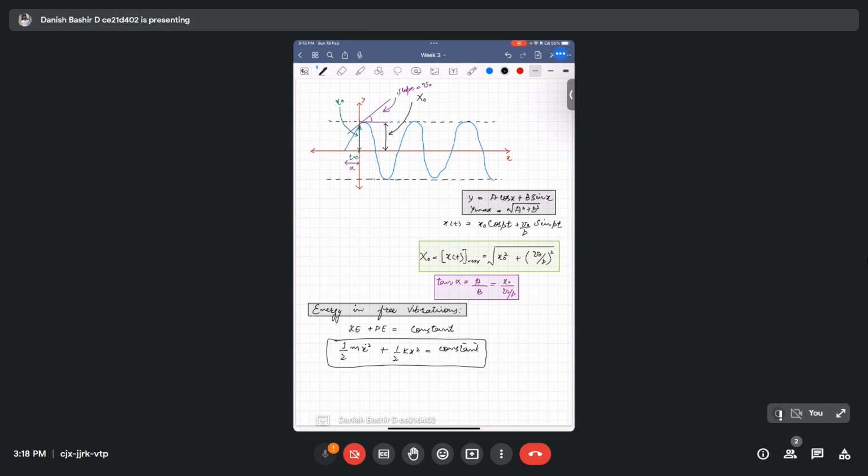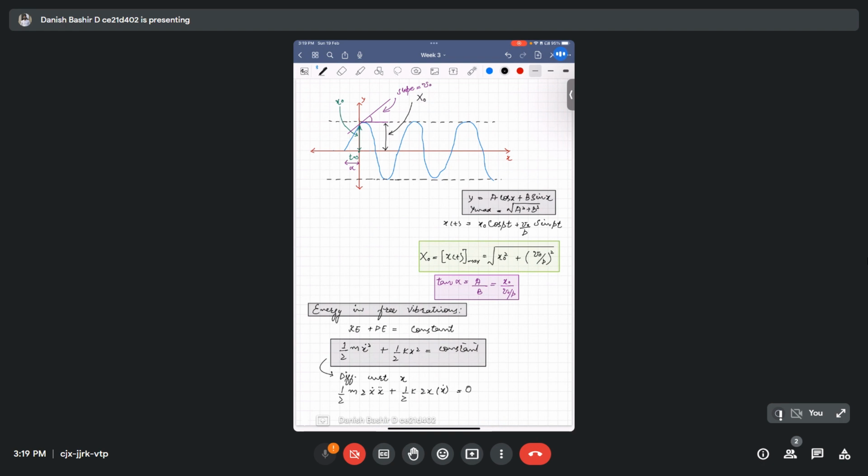So we have one more method of deriving the equation of free vibration motion. If we differentiate this equation, we will get back to the equation of motion. 1 by 2 m twice x dot into x double dot plus 1 by 2 k twice x into x dot, product rule, is equal to 0.